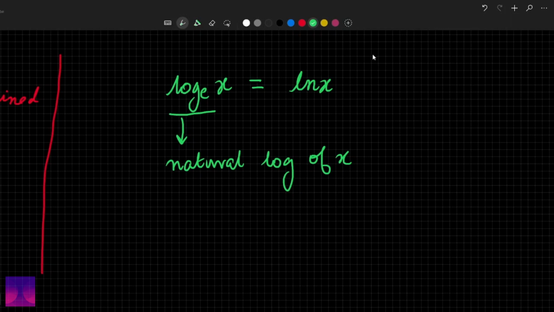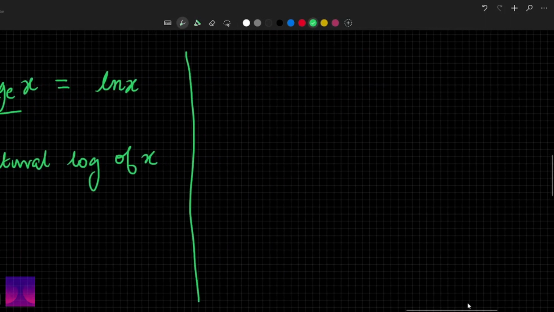Now let's do a bit of exercise. Let's say you get log base 2 of 9. How do you think you can solve this? Just equate it to x. So 2 to the power x equals 9, right?